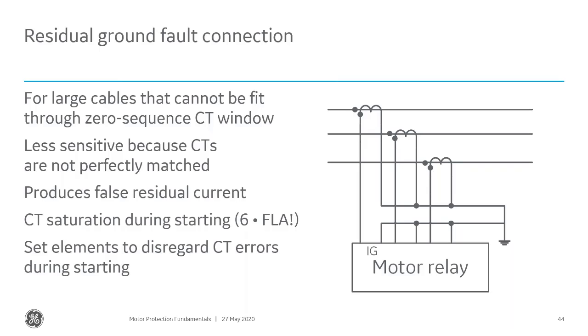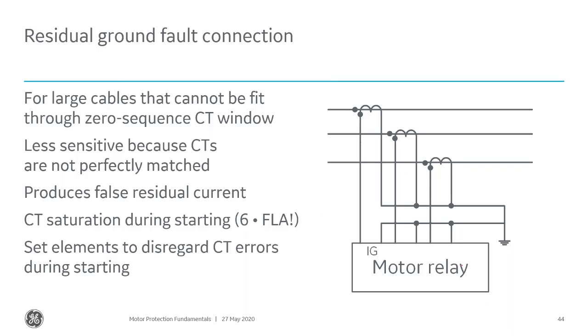That means I'd have to set my ground fault current pickup greater than 100 amps to prevent misoperation. And if I'm going to set it greater than 100 amps, that means I only get to protect 50% of my stator insulation from a ground fault current. So that's a problem. I cannot set that low enough to provide the protection I need.